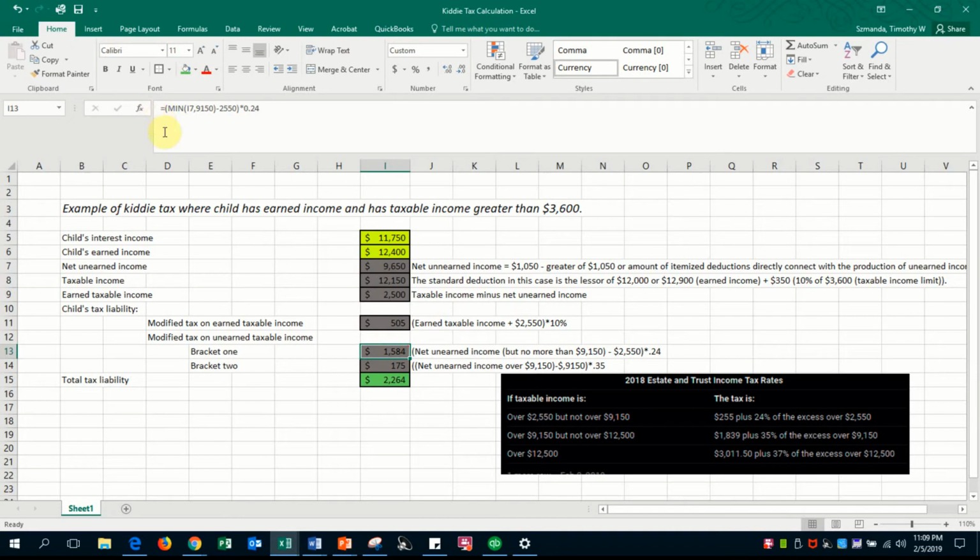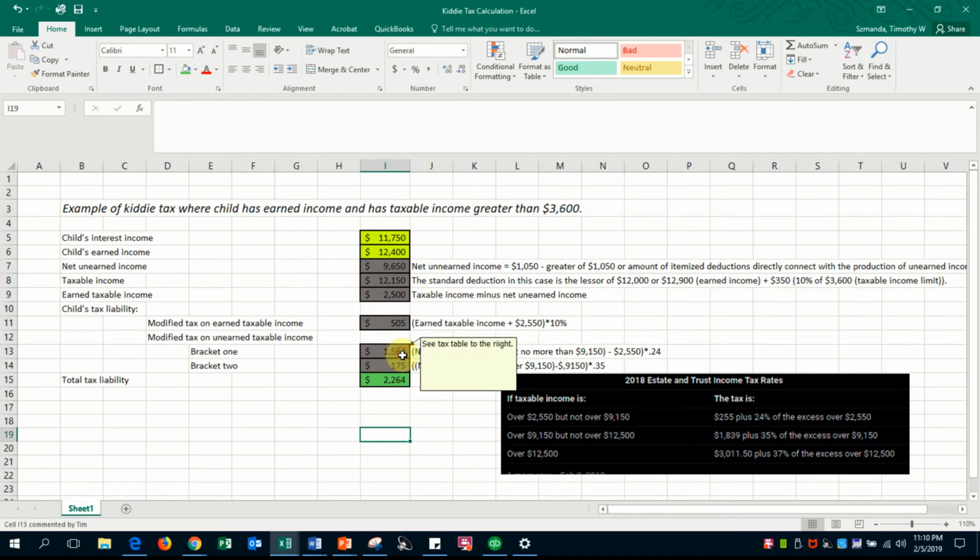The minimum of the net unearned income or the 9150, which is found right here on the table. This is that upper edge of the bracket of 24%, the lower edge of the 35% bracket. It turns out the 9150 is the lesser of the two. So we'll take the 9150 and subtract the 2550, and that will multiply by 24%.